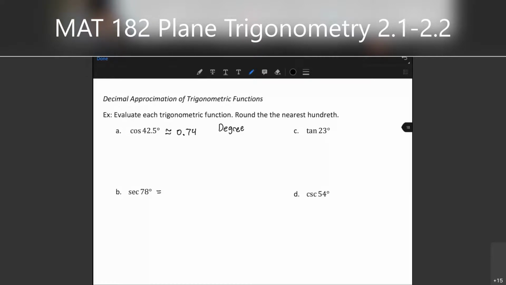Sam, you're right. Yep. Close to that. This would be 1 divided by the reciprocal function, which is the cosine of 78. The reciprocal for secant is cosine. So this is 1 over cosine 78 degrees.